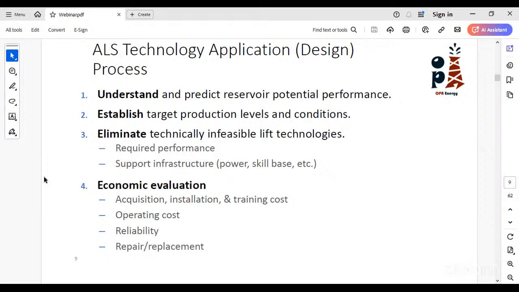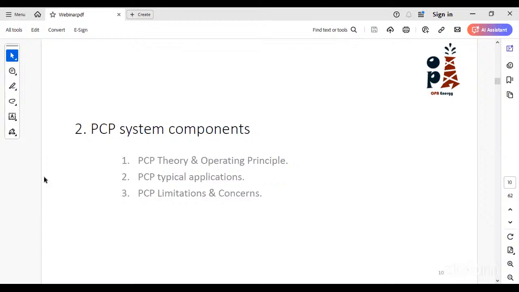And finally, you can evaluate your economics based on the flow rates that you get and the capital cost and operating cost that you deploy on your system or your application. Now, after we have a quick look at the different applications of artificial lift systems, we can go directly to the PCP system components.